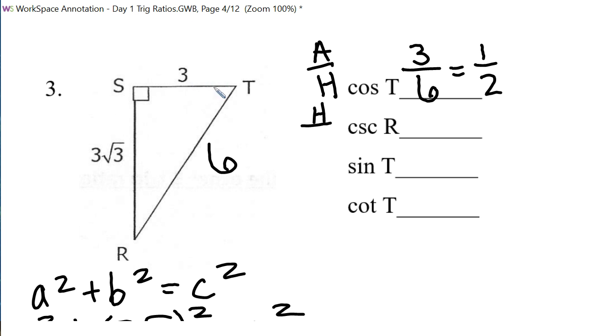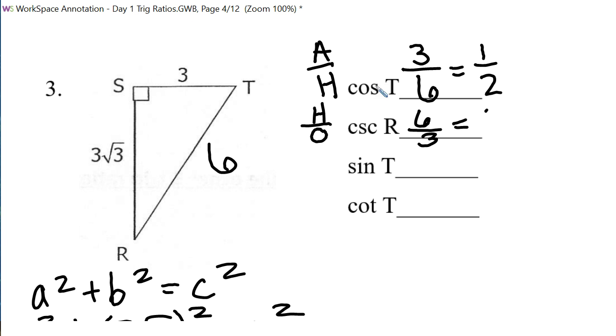Hypotenuse over opposite. Make sure you flip the fraction. So instead of opposite over hypotenuse, the reciprocal would be hypotenuse over opposite. So what is the hypotenuse? 6. And what is the opposite side? 3. And 6 divided by 3 is 2.